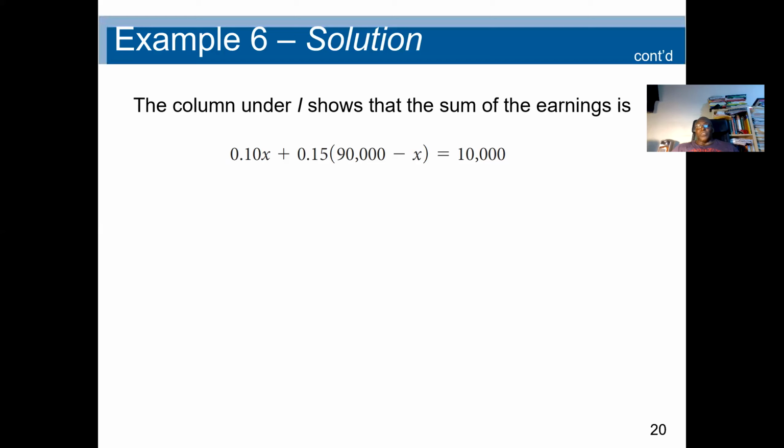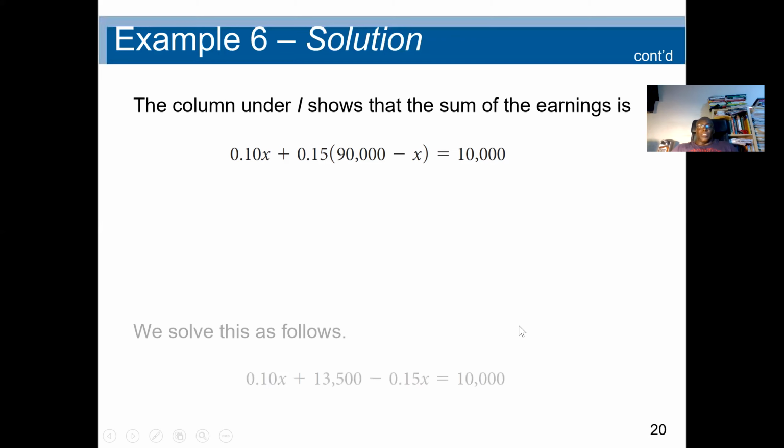Then 0.15, which is 15%, applies to the remaining amount after you take x from 90,000. And this will be the total 10,000 we're talking about.